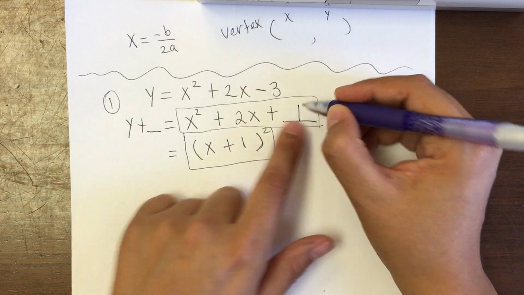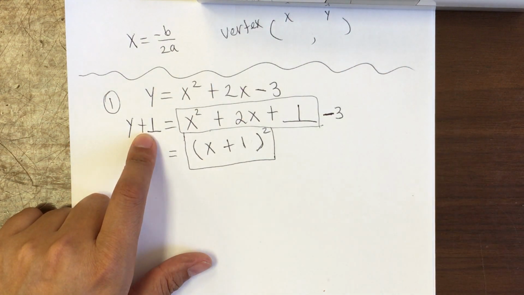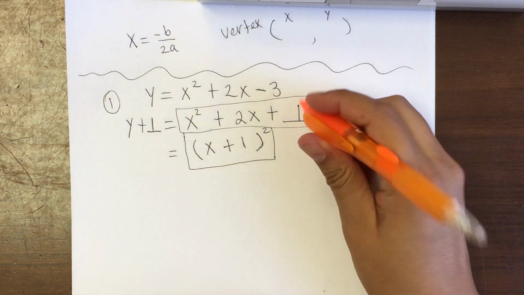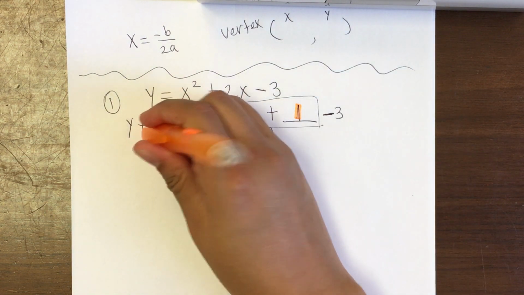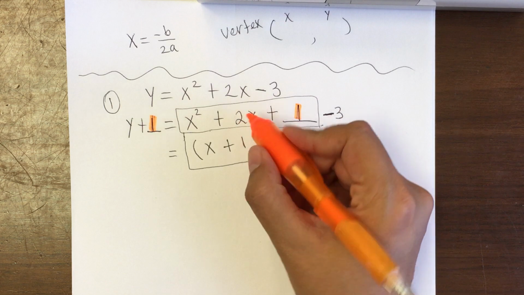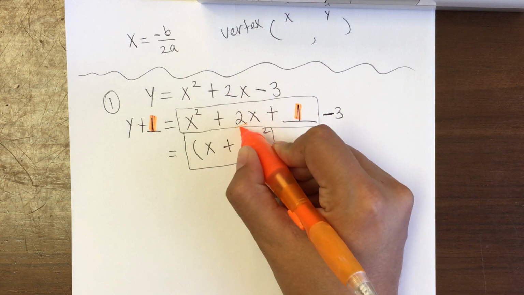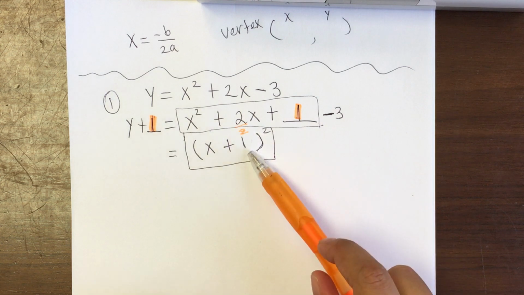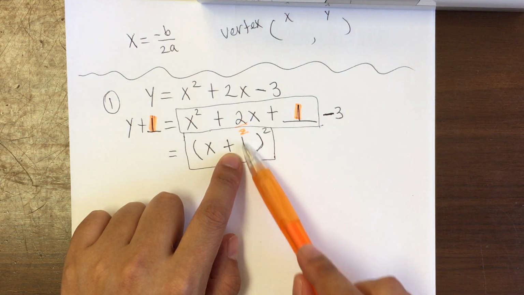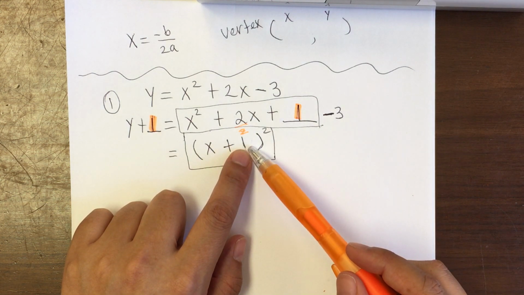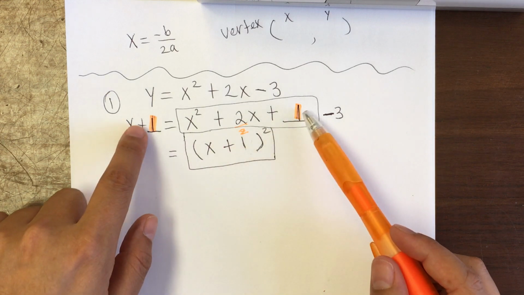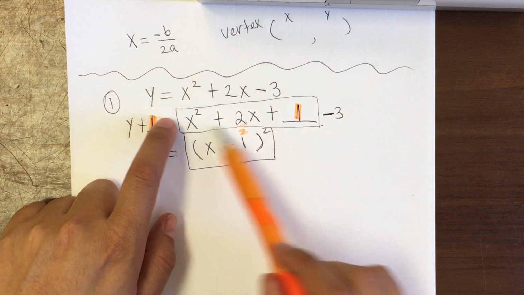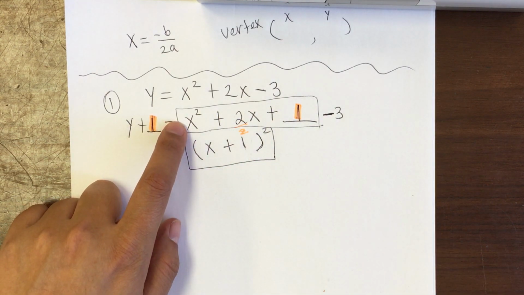If we add it on one side, then we're going to add the same thing on the other side. This is because we divide this term by 2, and that's how we get this in here. If we add the square of this one on both, that makes this the perfect square.